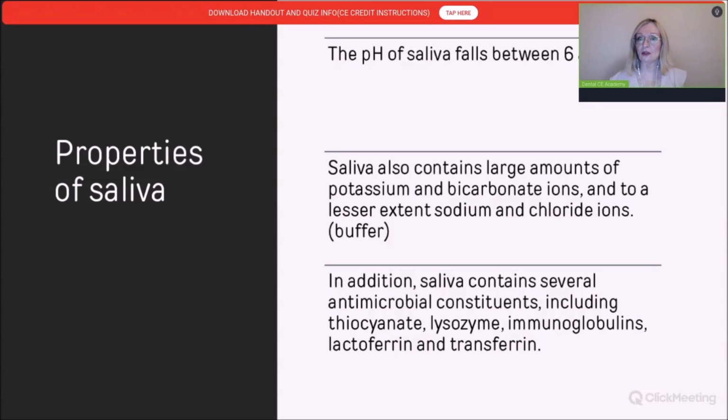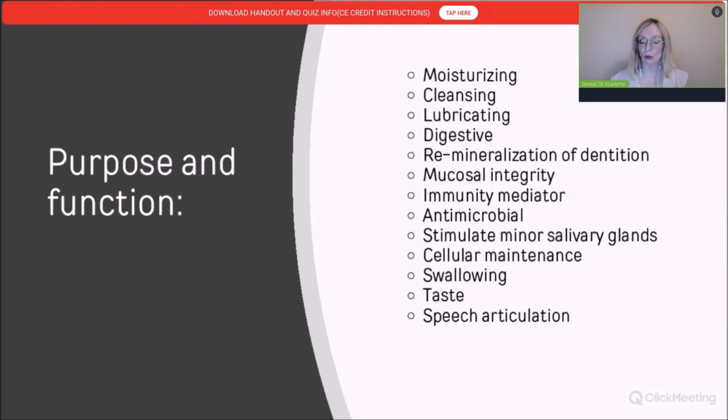Saliva also contains various antimicrobial constituents, enzymes, immunoglobulins, and so forth that will break down food. Its purpose is to moisturize, cleanse, lubricate, initiate digestion, and support dentition and remineralization. We're going to be talking about ways to help the patient remineralize towards the end.